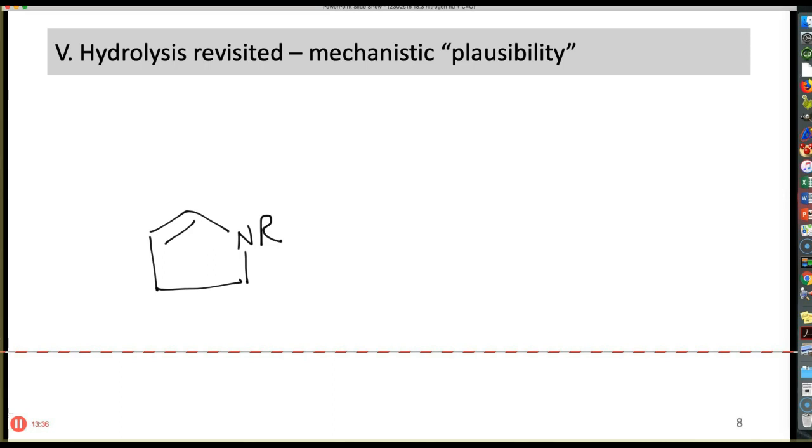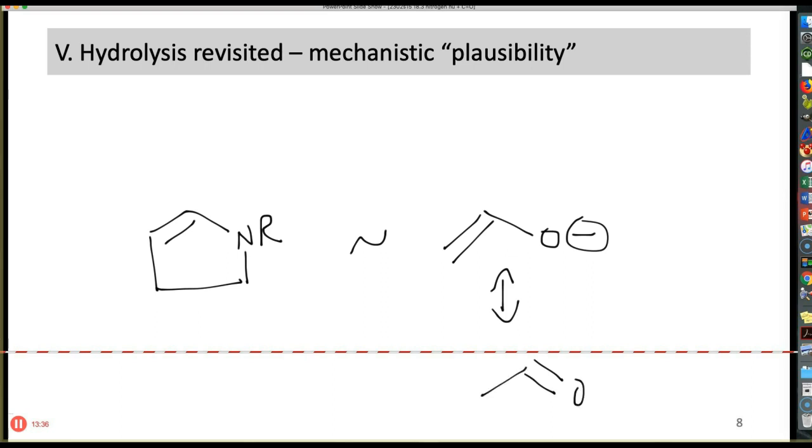What? How can that be? Well, pretty easy, because if you think of enolates looking like that, enamines are just the neutral nitrogen version of an enolate.